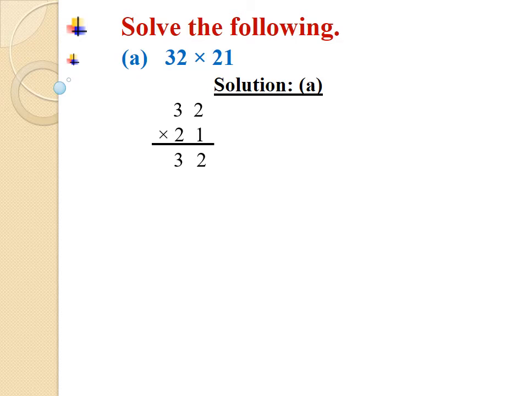Students, if you do not place 0 at ones place in the second step, you will not get the correct digit at the correct place. So now let us solve step 2.